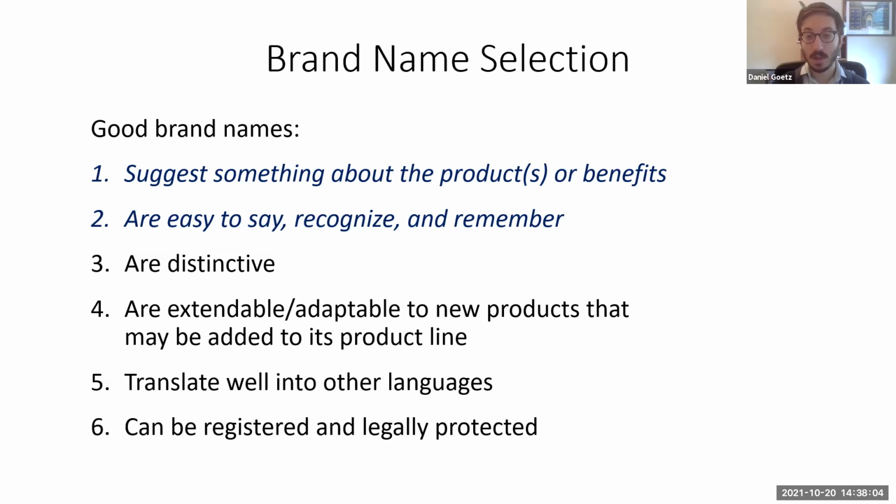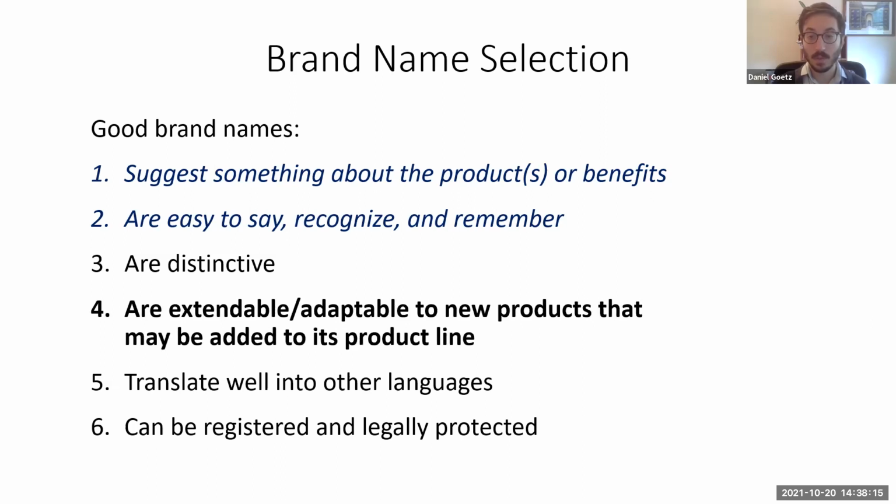Within limits. If they start to offer a ton of different products and a ton of different benefits, sometimes you end up moving away from that. All of them, though, are easy to say, recognize, and remember, right? And we definitely saw that IBM changed its branding to be more extendable or adaptable to new products being added to its product line.